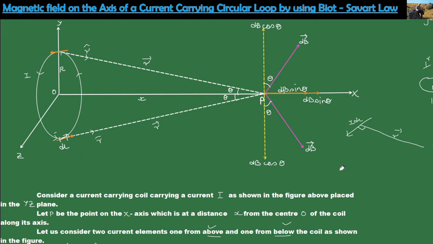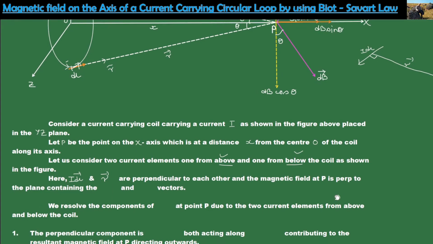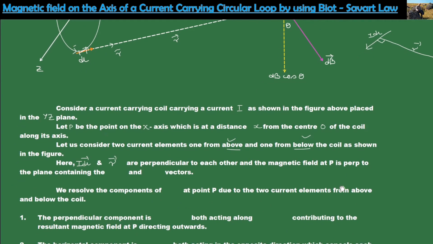If they are perpendicular to each other, then dB at point P is perpendicular to the plane containing the I dl and r vectors. Okay, so from here we have to resolve.